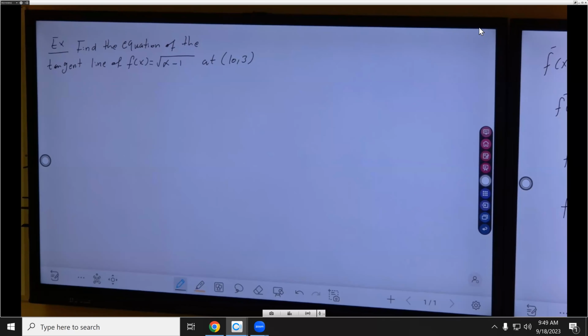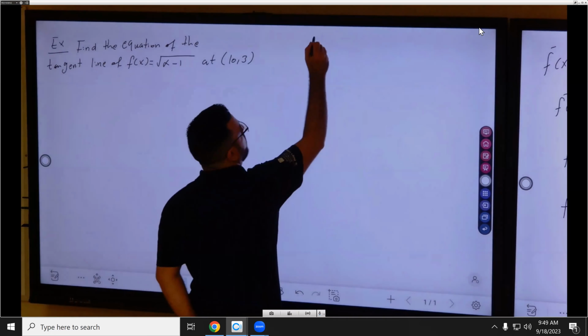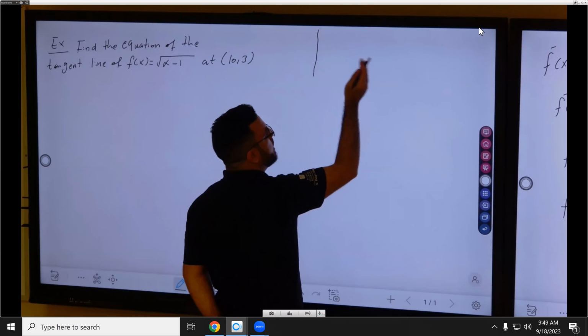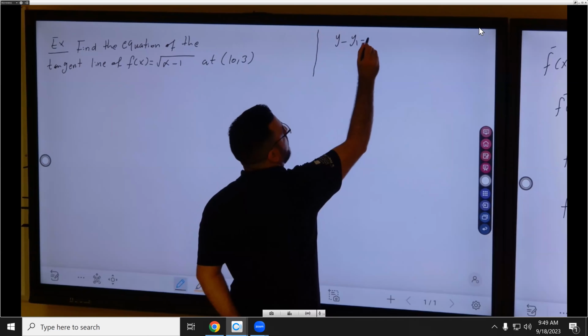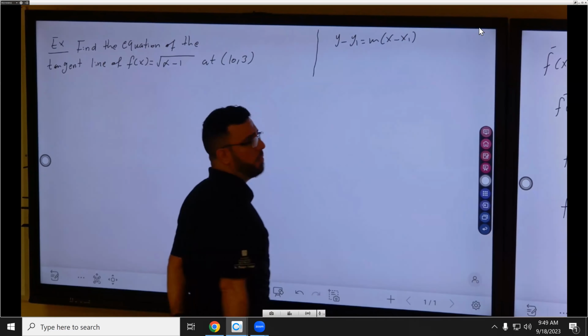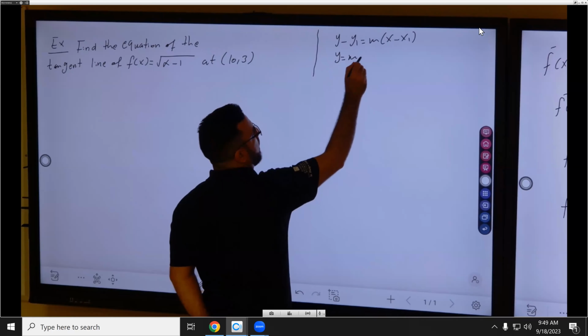To find the equation of any tangent line, remember this formula to find the equation of any line: y minus y1 equals the slope times x minus x1. We're going to use the same formula to find the equation of the line. Or you can say y equals mx plus b.